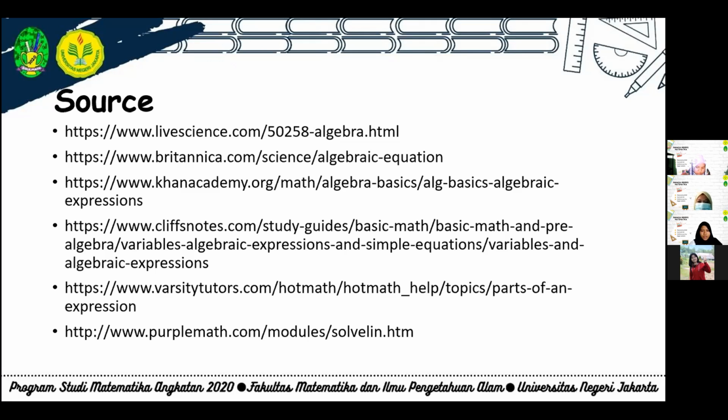For example, if we have the algebra 2x plus 4y minus 9, the terms are 2x, 4y, and 9. Okay, thank you.